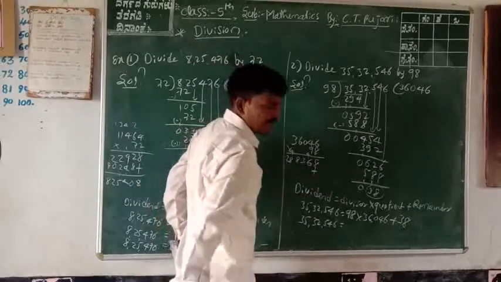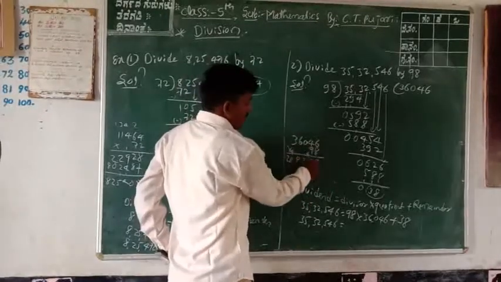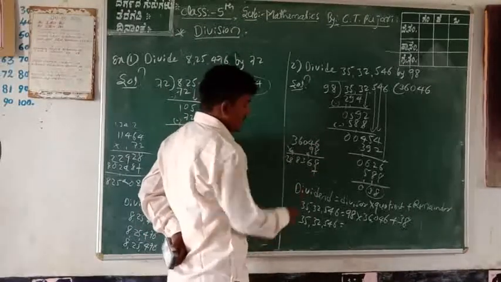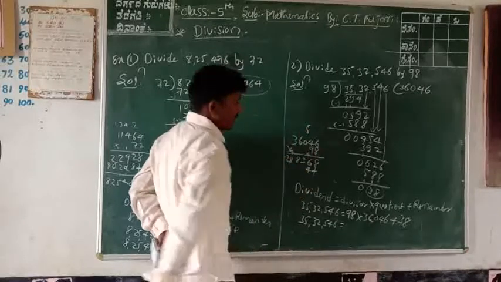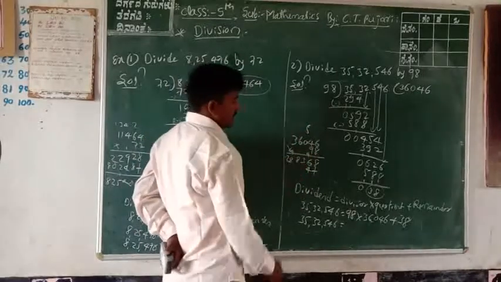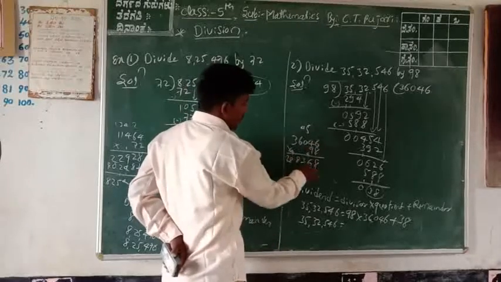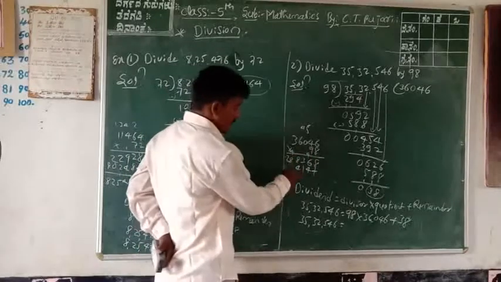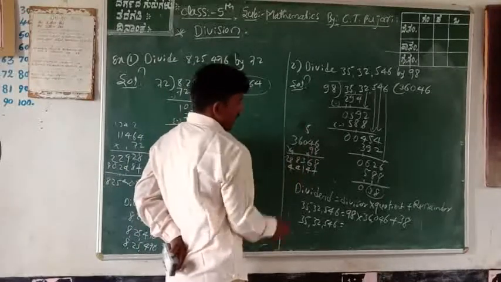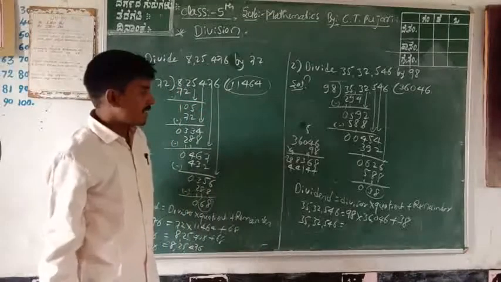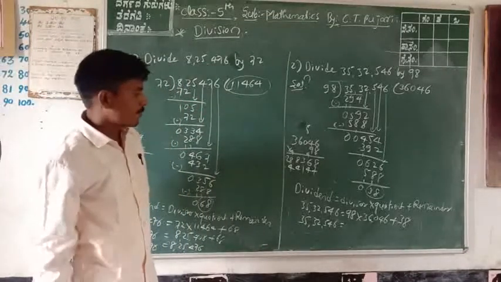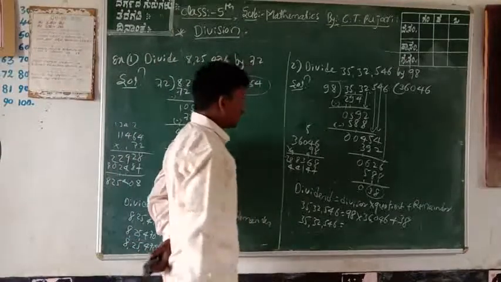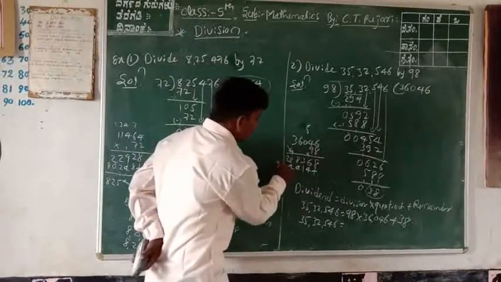Again plus next, 9 6s are 54. Carry 5. Next 36 plus 1 is 41. Carry 1. Again 9 6s are 54. Carry 5. Again 9 3s are 27 plus 5 is 32.